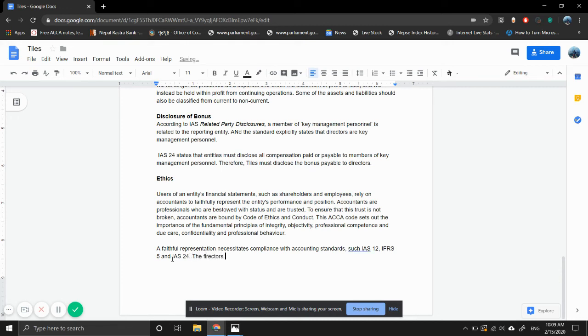The directors have not followed the rules in these accounting standards, and thus the performance and position of Tiles has been misrepresented. Does not represent the reality, right?